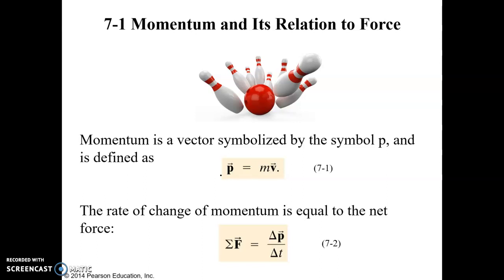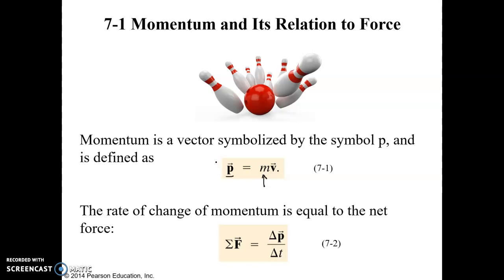I'm not really sure why they use the letter P for momentum. My guess would be M is obviously already taken. M is mass. Maybe N is used for something else as well. O is too close to 0, so maybe they just went down the alphabet and thought, well, if we can't use M or N or O, let's go with P. But that's just a guess on my part.